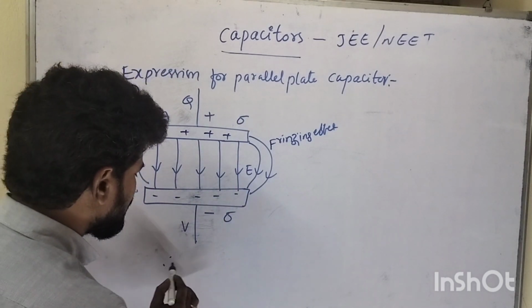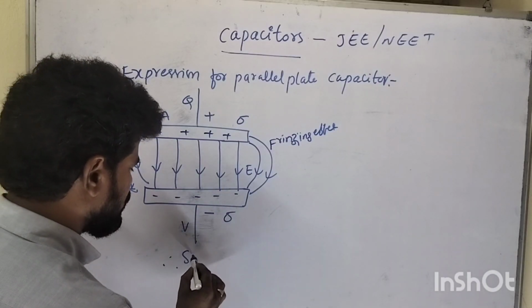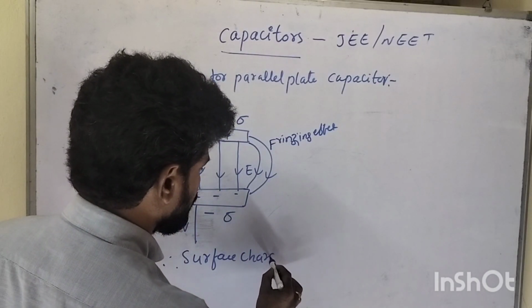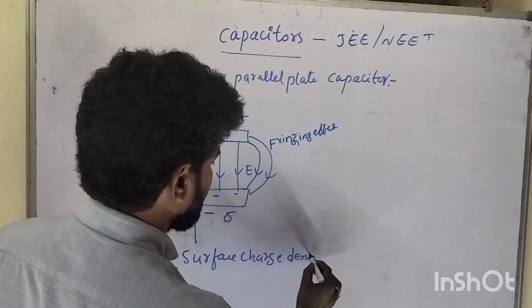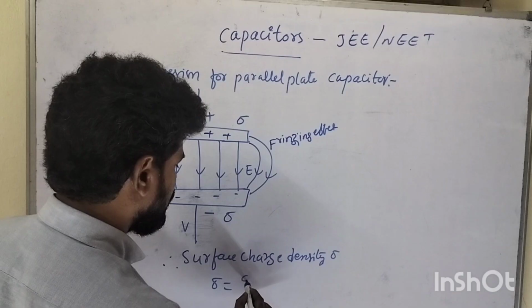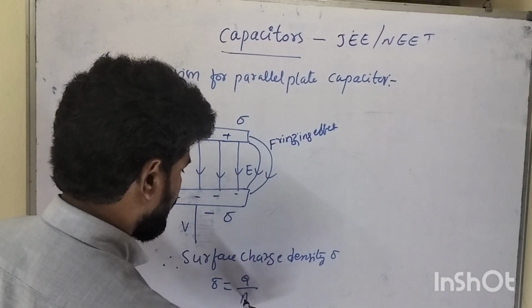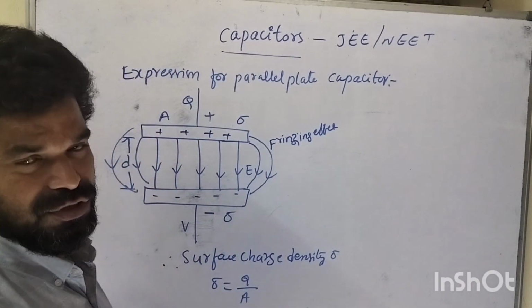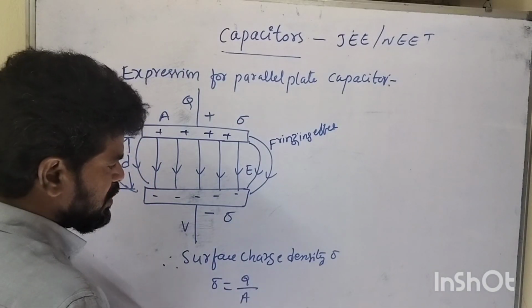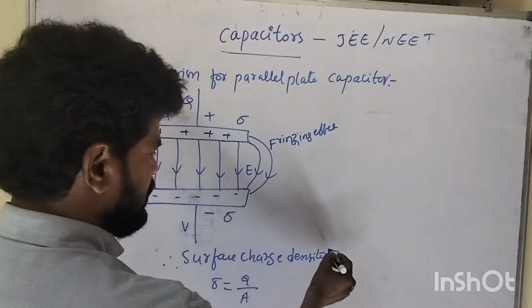Now what is the expression for the surface charge density? Sigma is equal to charge per unit area. This is known as surface charge density sigma.